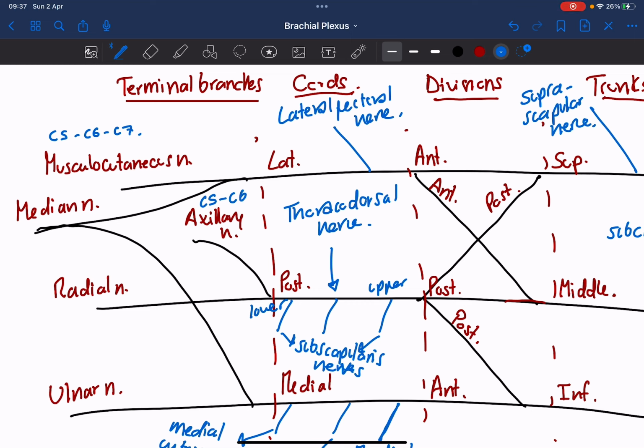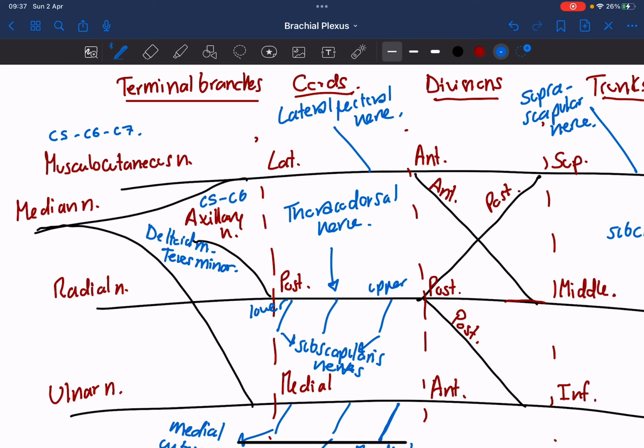Okay, so then we can talk about the axillary nerve, which arises from C5 and C6 nerve roots. And this one is important to supply the deltoid muscle and the teres minor muscle. So the axillary nerve has both a sensory supply and motor supply.